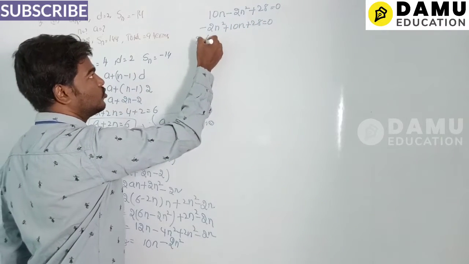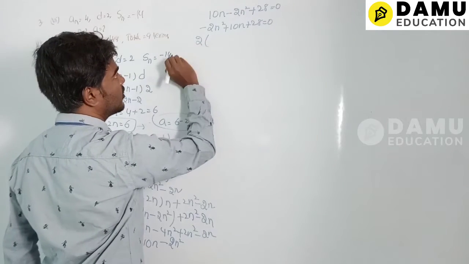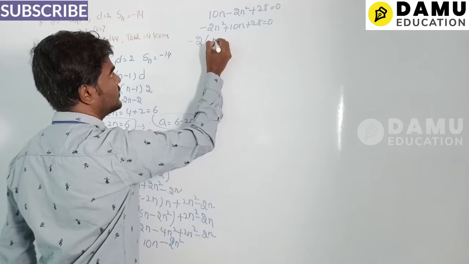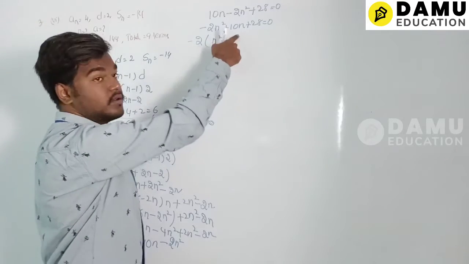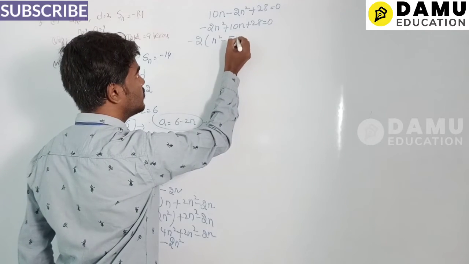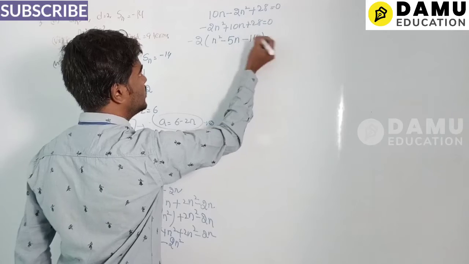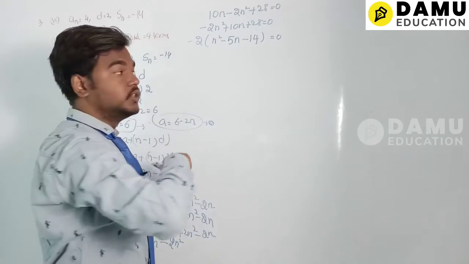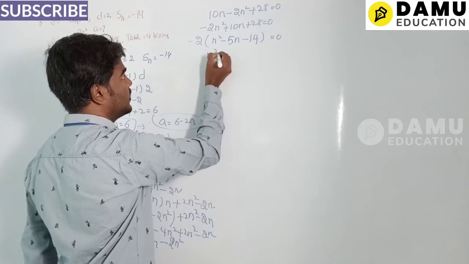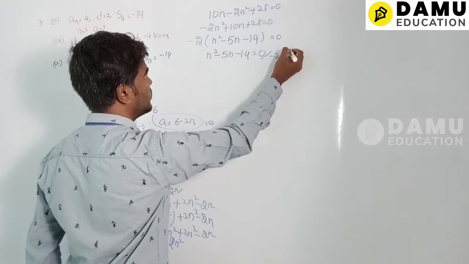Let's take common minus 2 outside. Minus 2 n square, minus into minus will become plus, 2 5s are 10. So 5n minus 14 will be equal to 0. 2 14s are 28. So n square minus 5n minus 14 will be equal to 0 by minus 2.